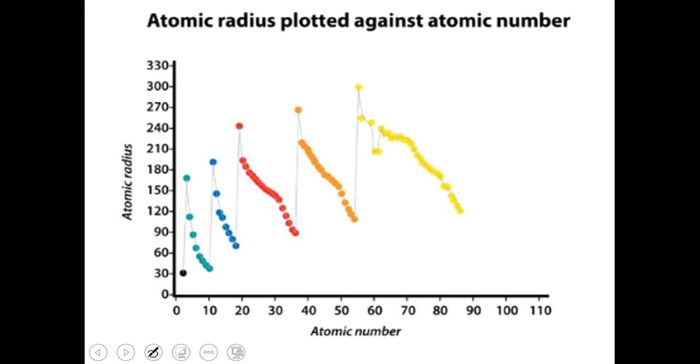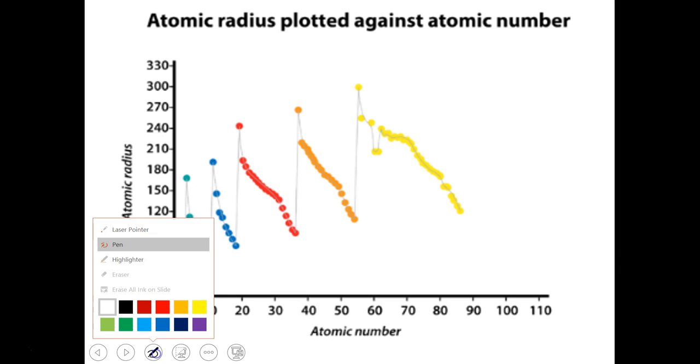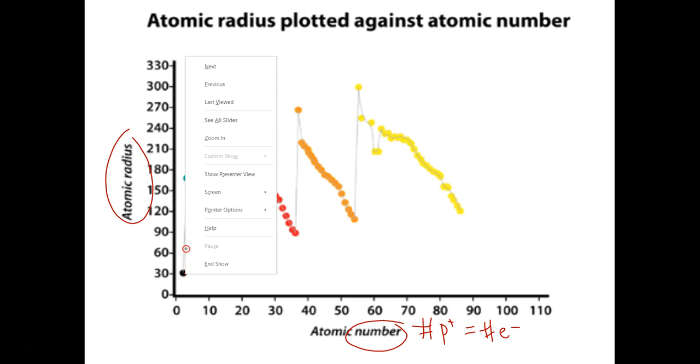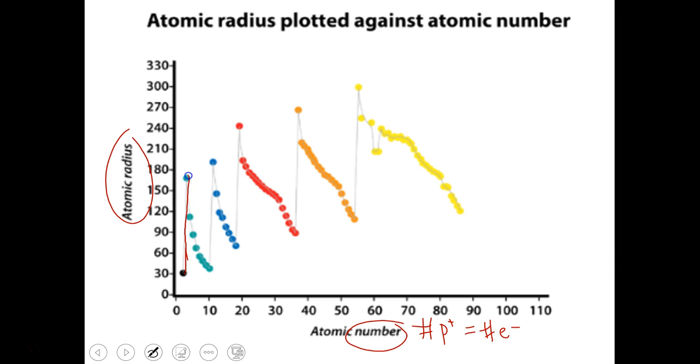So if we were to graph the atomic number, so that's your number of protons and your number of electrons, compared to its size, you'll notice it increases, and then you go to a new period and you're going across, then it gets smaller.